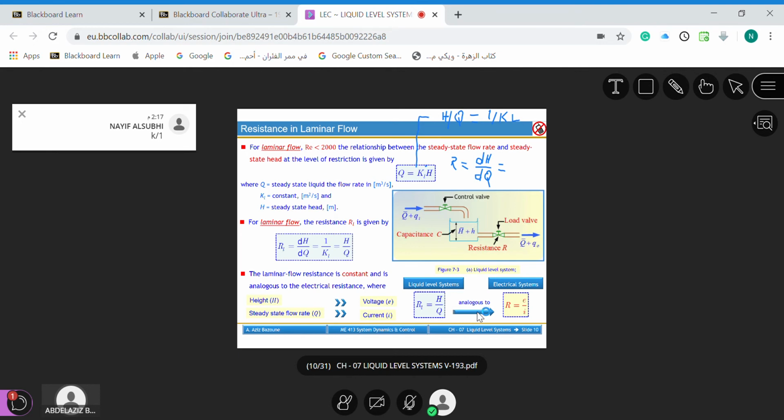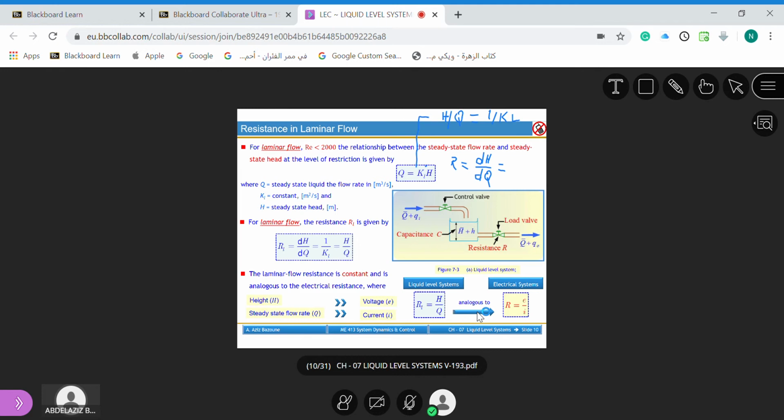Yeah, that's right. Exactly the same. So if you take dH over dQ, it will also be 1 over KL, which is H over Q. So for laminar flow, the resistance is given by RL, which is H over Q. If you take dH over dQ, it will be 1 over KL, the same thing.